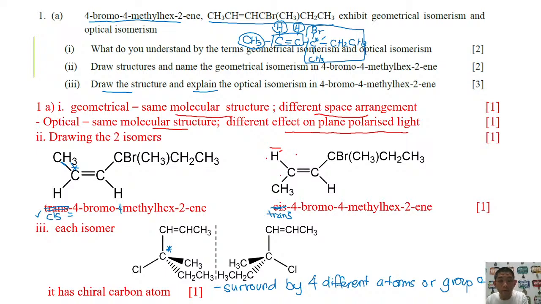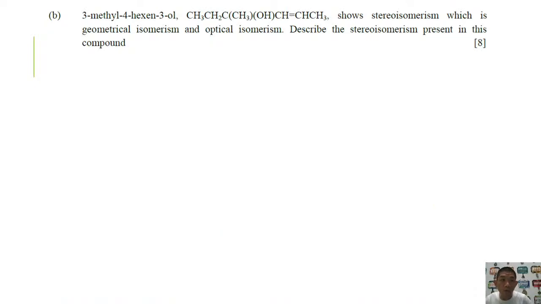Then we go to have a look at question 1B. 3-methyl-4-hexen-3-ol, CH3CH2C(CH3)(OH)CH=CHCH3, shows stereoisomerism, which is geometrical and optical. Describe the stereoisomerism present. So when the question asks you to describe, that means you have to describe what the characteristics are that give geometrical and also optical isomerism here.